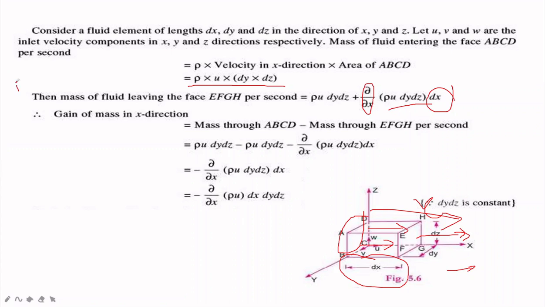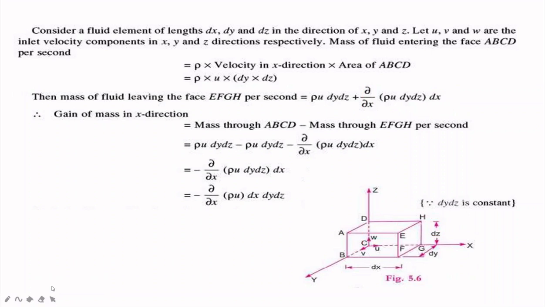This you have to remember whenever you are asked to find the continuity equation for 3D. Now we know the mass of fluid entering face ABCD and the mass of fluid leaving face EFGH. Now what we have to find is the gain of mass in the x direction. Whenever it moves from face AB to EF, it has gained energy.